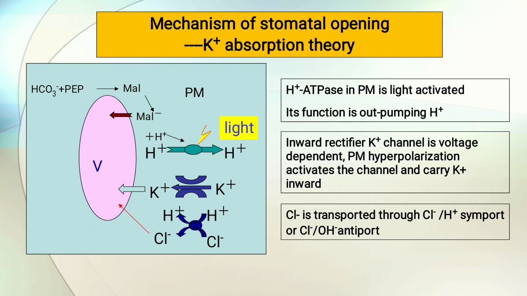The inward rectifier potassium channel is voltage dependent. Plasma membrane hyperpolarization activates the channels and carries the potassium inwards. Calcium is transported through the calcium or hydrogen ion symport or the calcium or hydroxide antiport.